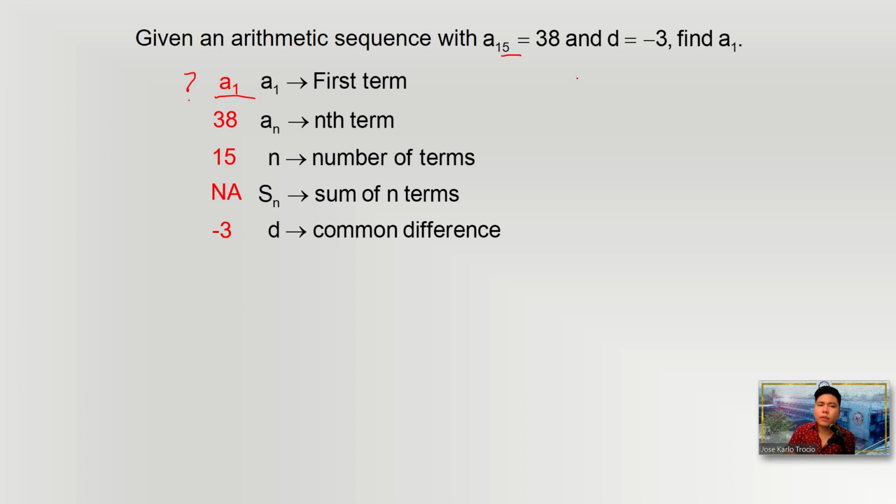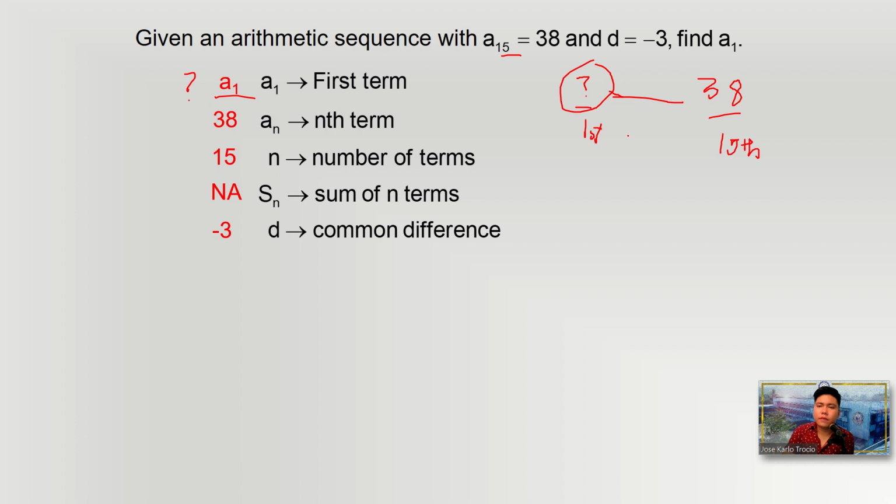So we started from question mark up to 38, but we know 38 is at the 15th term. This is the first term. We are looking for the first term. What could be the first term? This one.